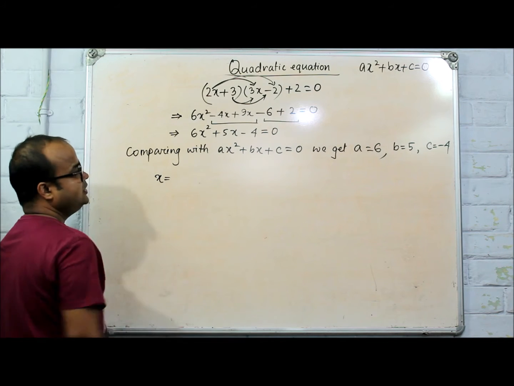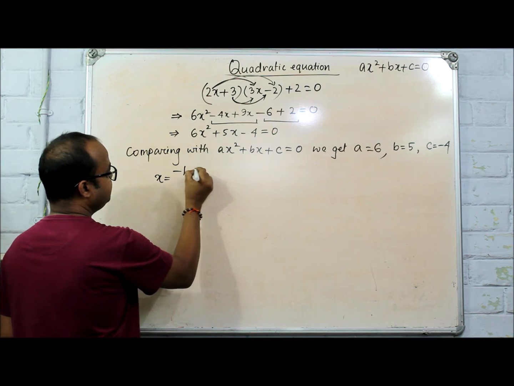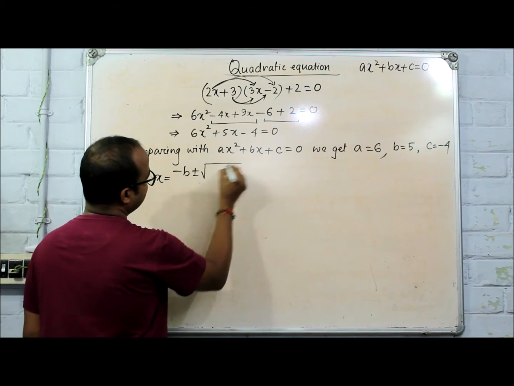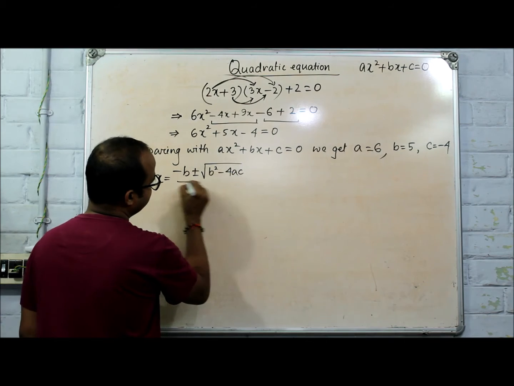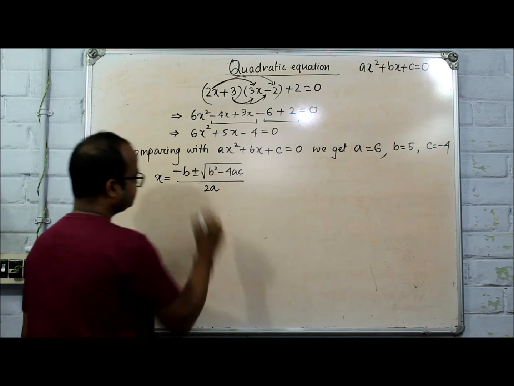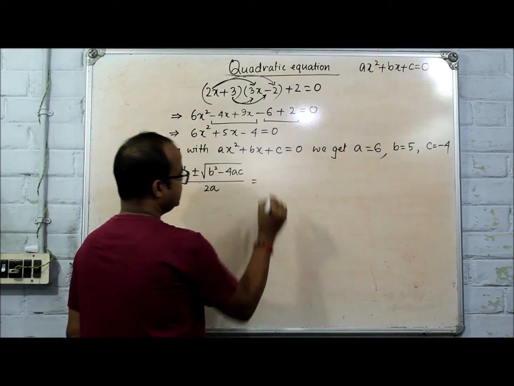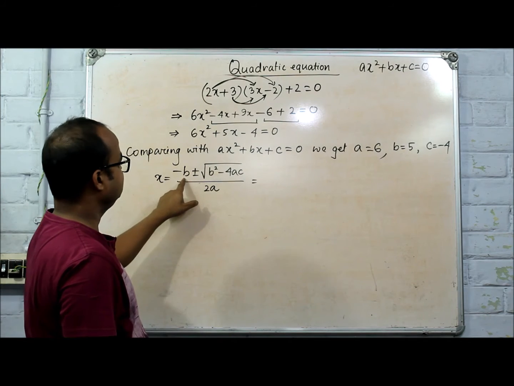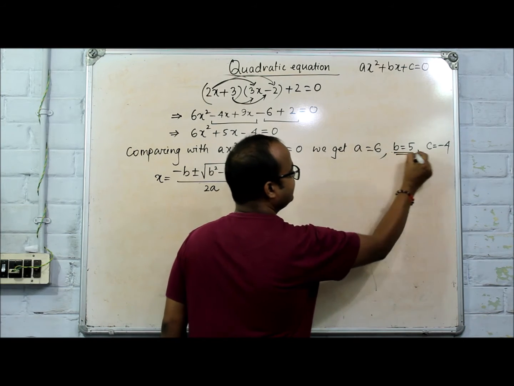So formula is x is equal to, I am writing the formula, minus b plus minus square root of b square minus 4ac by 2a. So this is equal to minus b. So minus value of b is 5.